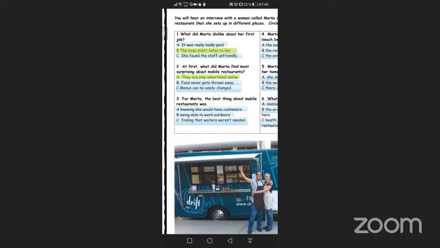What's the correct answer? C, finding that waiters weren't needed. Yes, correct.